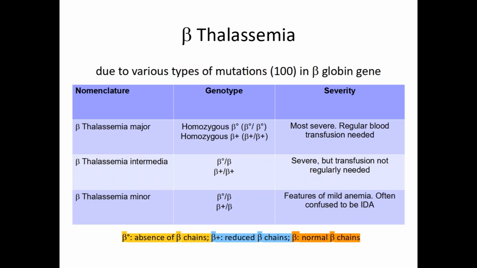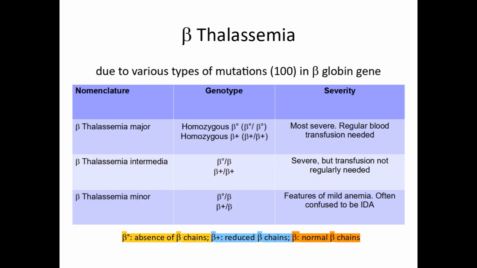Here it is either homozygous with both the genes not producing any beta globin chains, or homozygous with both the genes producing less number of beta globin chains. This is the most severe form, and survival of the patient depends on blood transfusion. The second type of beta thalassemia is beta thalassemia intermedia.